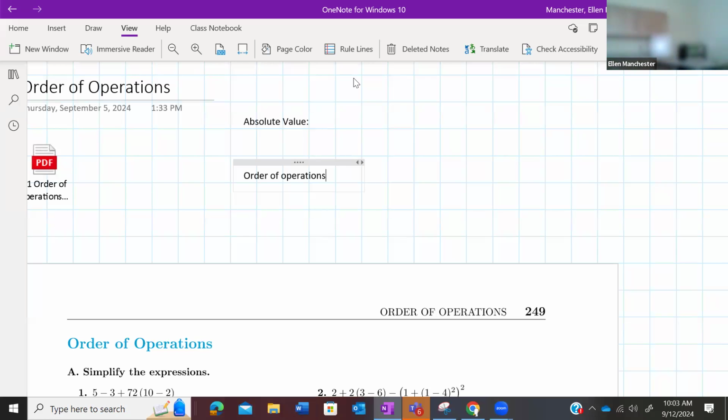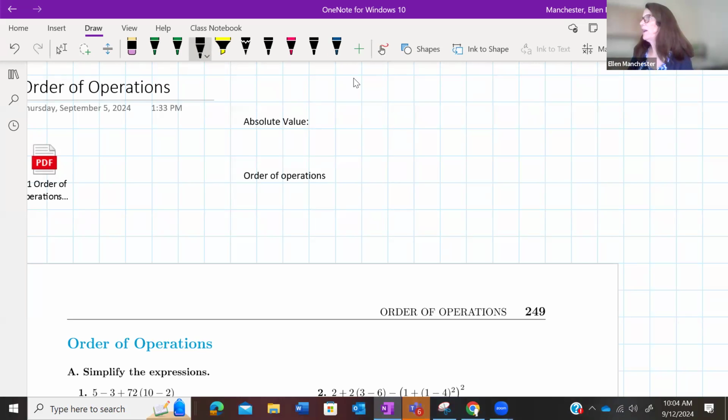So what we're going to do today is talk about order of operations and then linear equations, how to solve linear equations. And we're going to focus very deeply on how to eliminate fractions, because that's going to be super helpful. Okay, so the first thing that you need to know about is absolute value.